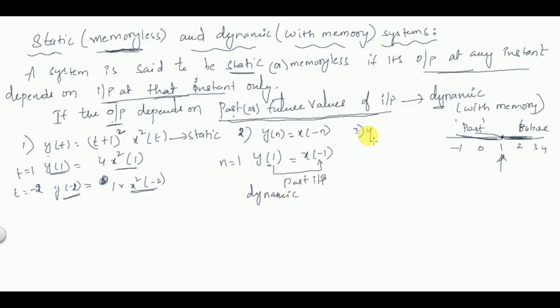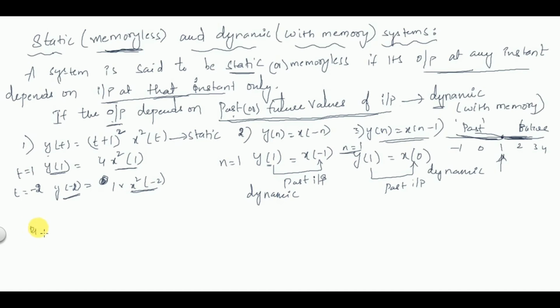Suppose y of n is equal to x of n minus 1. Static or dynamic? If you take n is equal to 1, y of 1 is equal to x of 0. With respect to 1, 0 is a past input. So output at instant 1 depends on the past input. Therefore the system is dynamic. This is how, by taking some instances as examples, we can say whether the given system is static or dynamic.